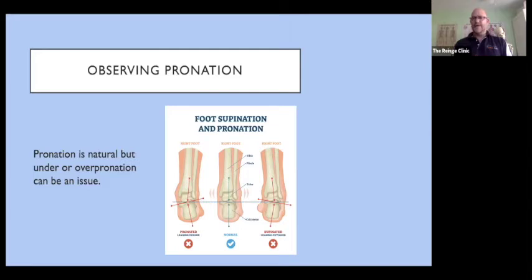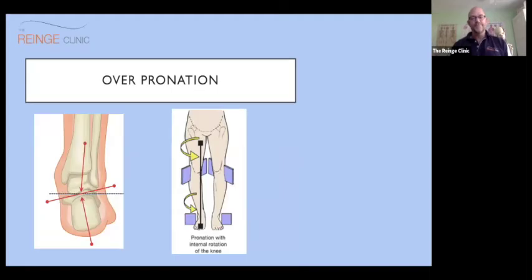There are people running out there who have these issues, and they do get away with it, honestly, sometimes for 30, 40, 50 years, depending how well their body compensates. But ultimately, they end up through our door, and they end up with a whole load of problems that almost kill their running career. So let's have a look at how you can recognize it and what you can do to correct it, or at the very least be aware that it is there.